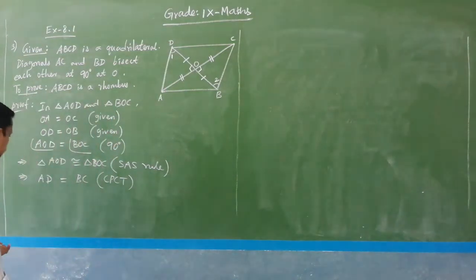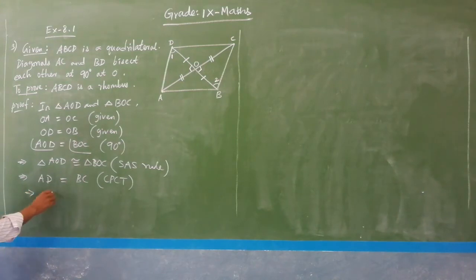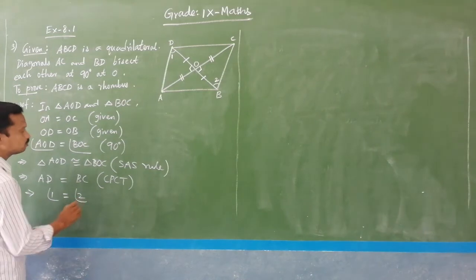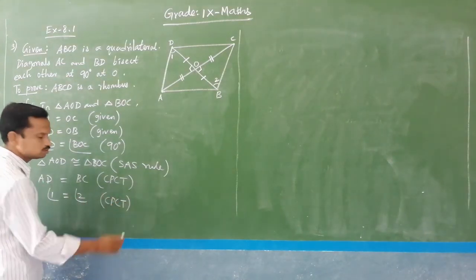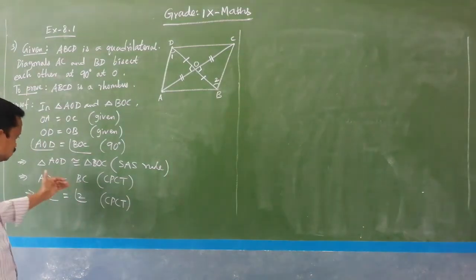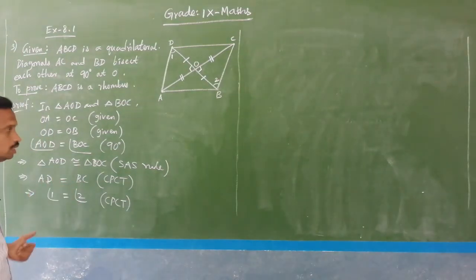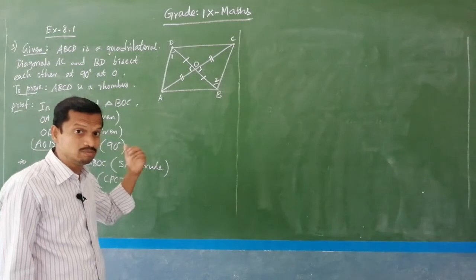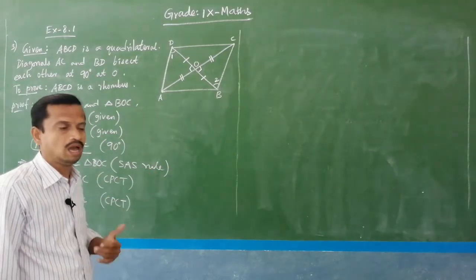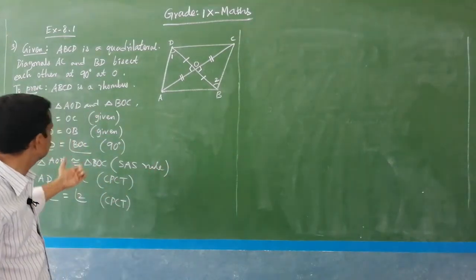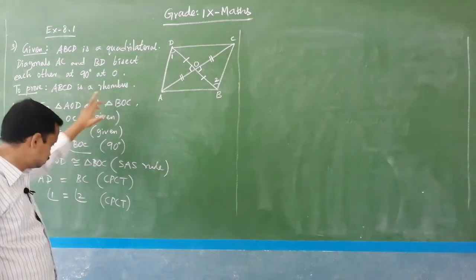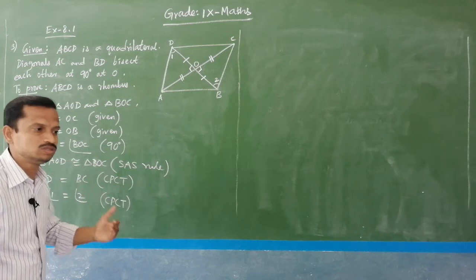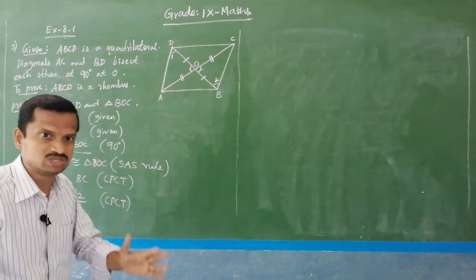Angle 1 of triangle AOD is equal to angle 2 of triangle BOC by CPCT. You know why I am taking these two equal? Because ABCD is given as a quadrilateral and we have to show that it is a rhombus. So, before saying ABCD is a rhombus, we have to say ABCD is a parallelogram first.